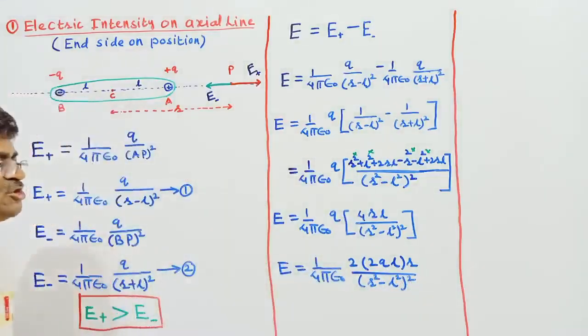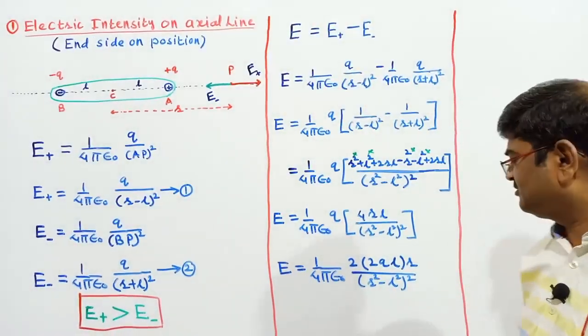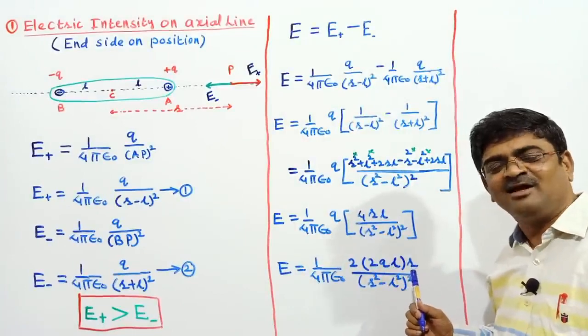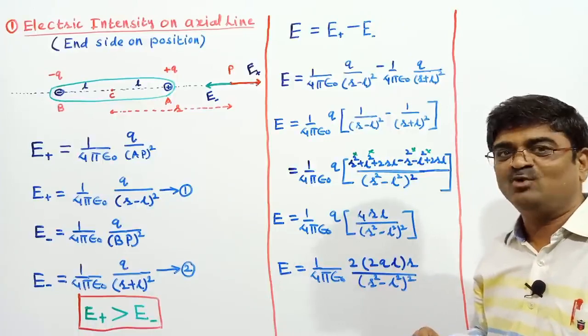So the intention of writing so is, and most of you might have got it, 2ql. Don't we know 2ql? What is that? Dipole moment.